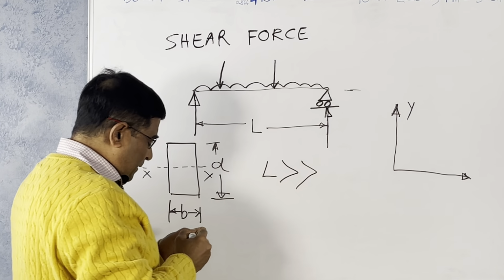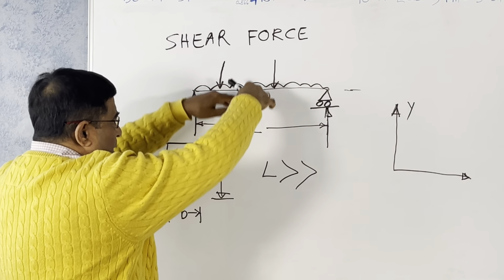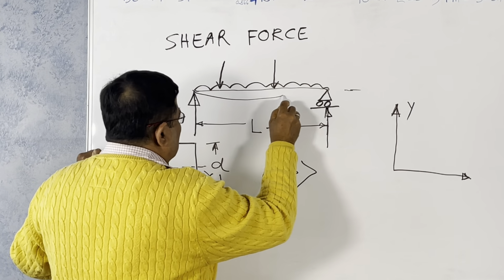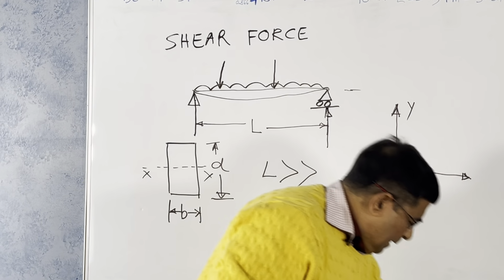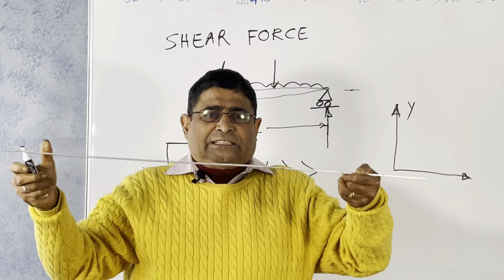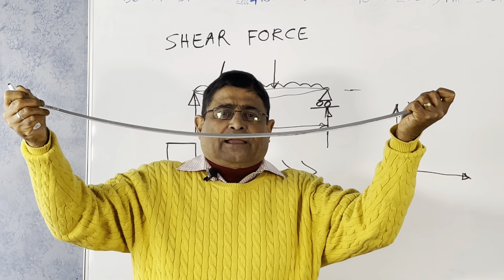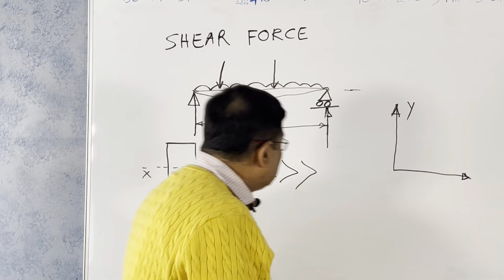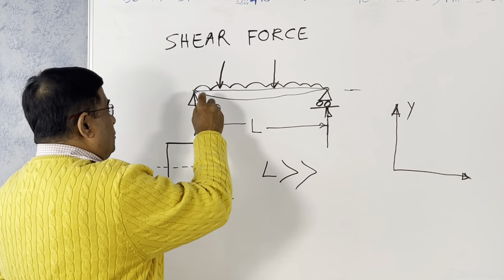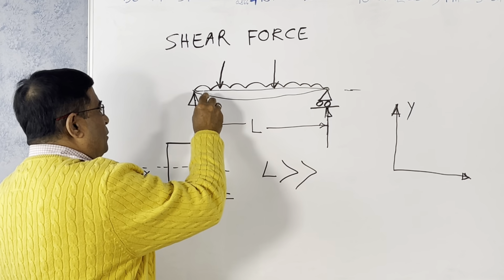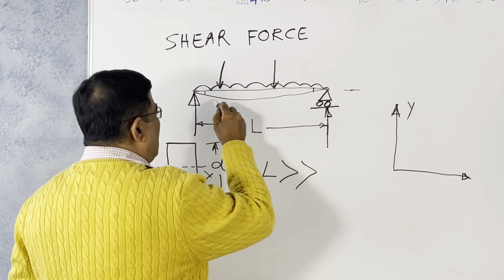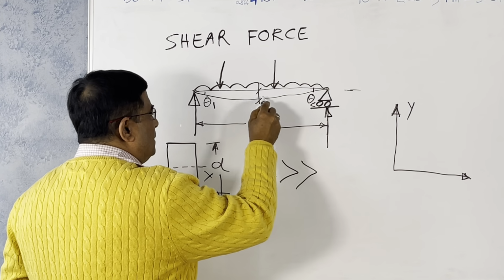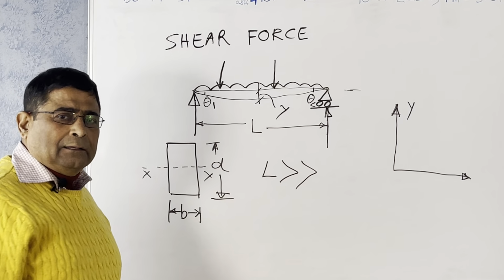Another thing happens to the beam: when you put loads, it tries to deflect, something like this. In normal cases, with a simply supported beam, there will be angles here, theta 1, theta 2, and a deflection, say y at the middle.